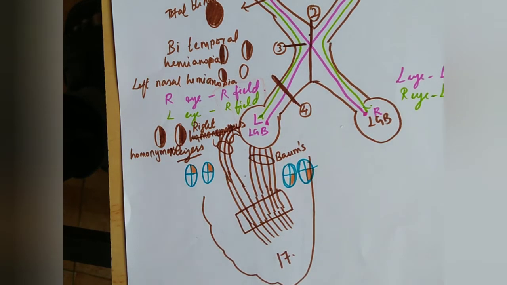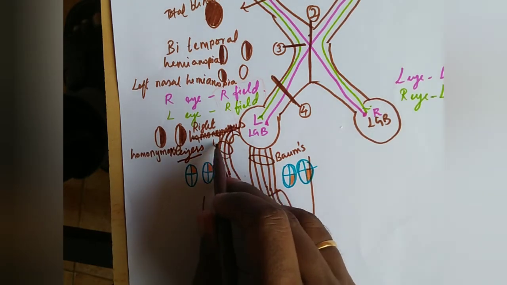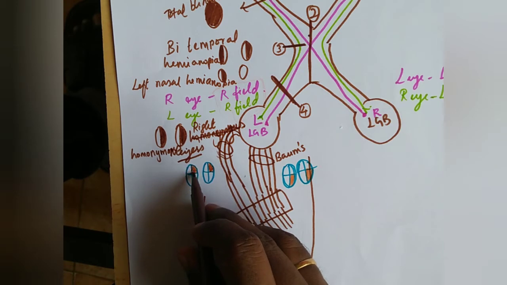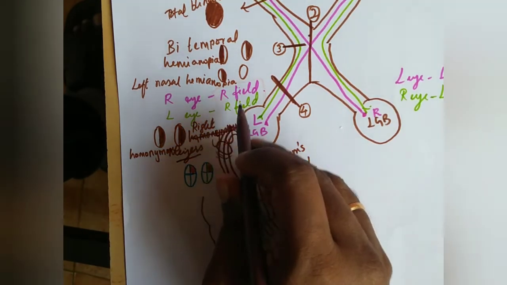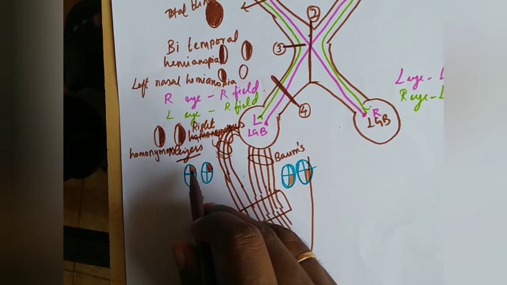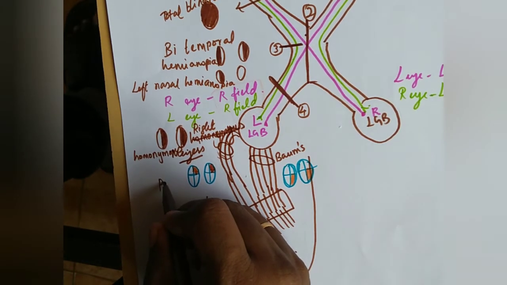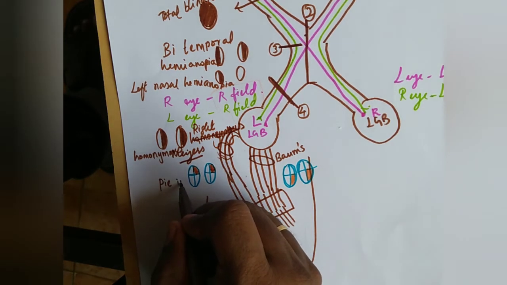Next, considering the lesions which are happening only in the Meyer's loop. So this area should be lost on either side, correct? Only the upper right part of the field is lost. So this can be called pie in the sky. In simple terms, it is called a pie because it looks like a pie of a circle, pie in the sky.